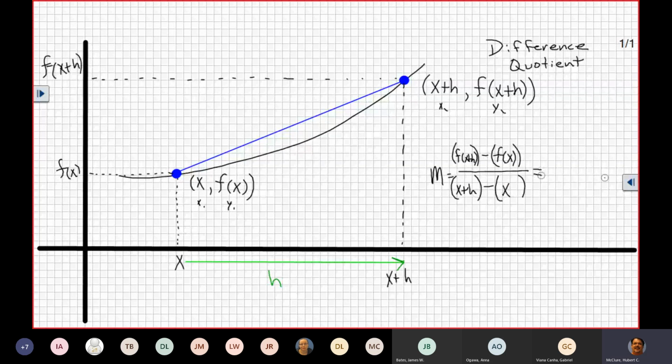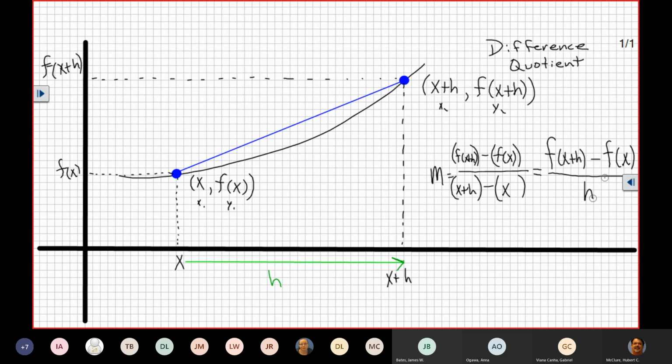And that gives us f of x plus h minus f of x over h. And that, my friends, is called the difference quotient.